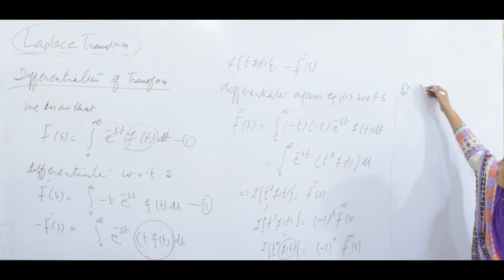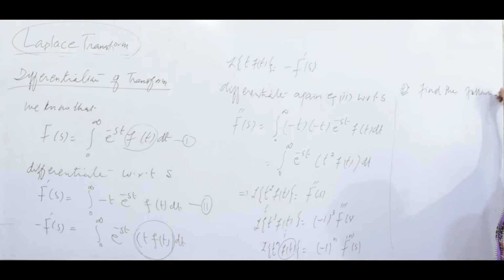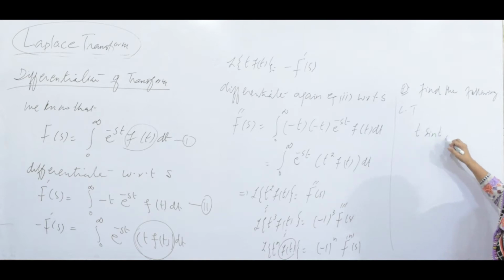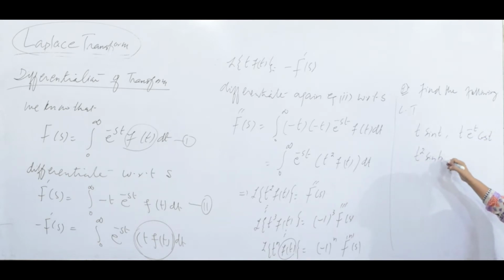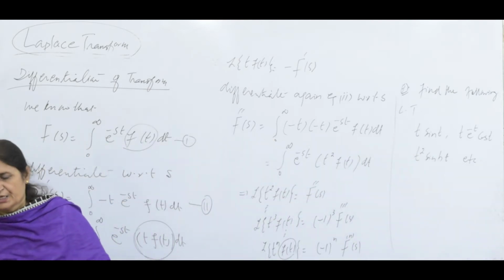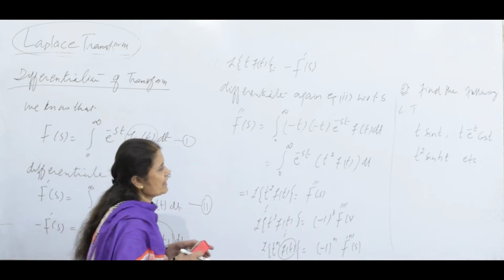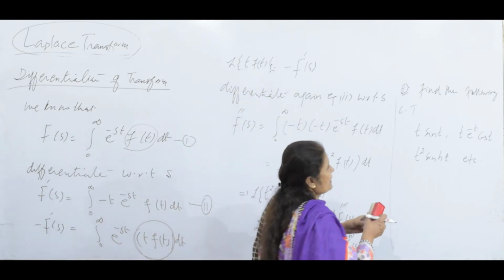So find the following Laplace transforms: t sin t, t e^(-t) cos t, t^2 sinh t, etc. A couple of functions I have written, and we have to find the Laplace transform of those functions by using the property. Let me do this, using the property that the Laplace transform of t f(t) is minus F'(s).